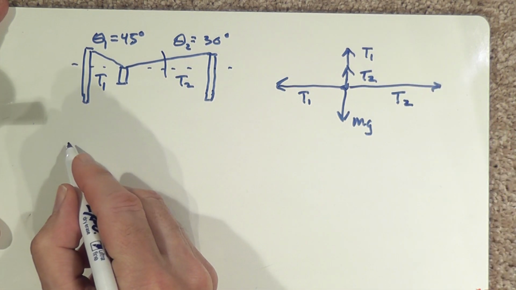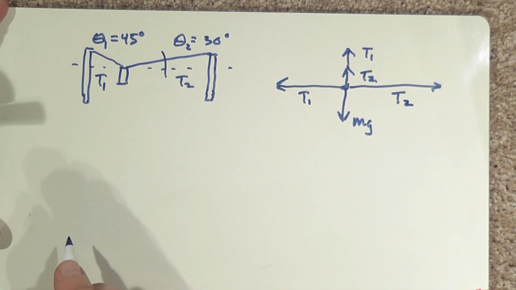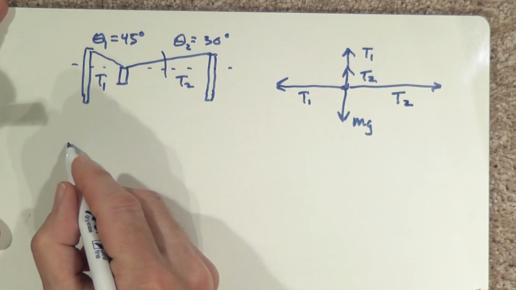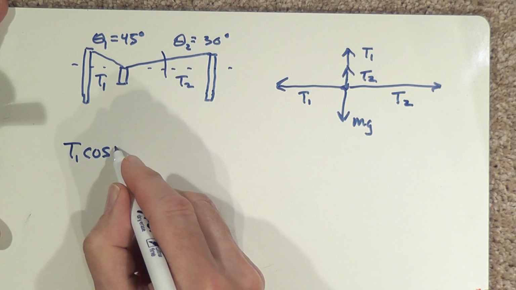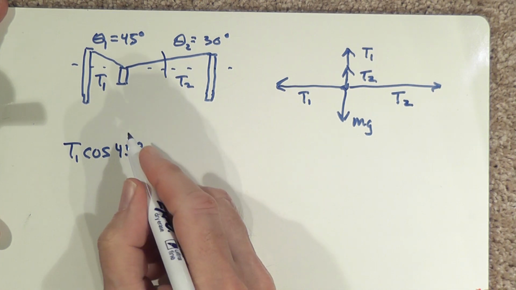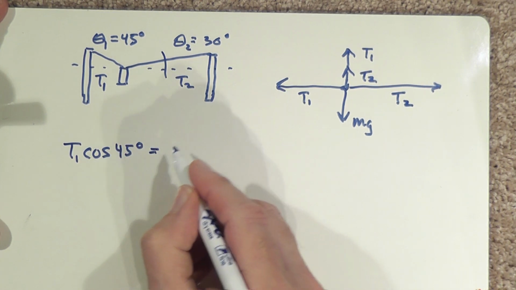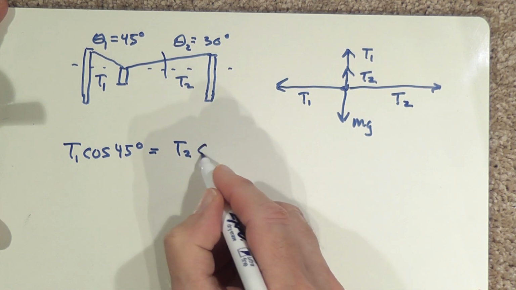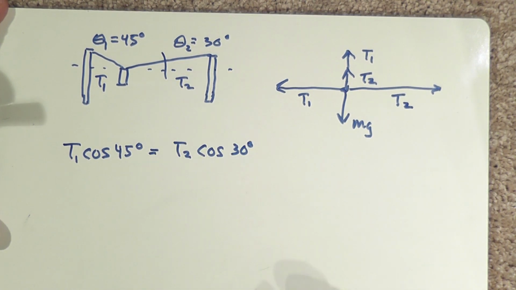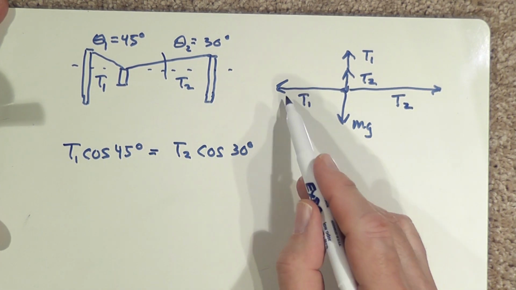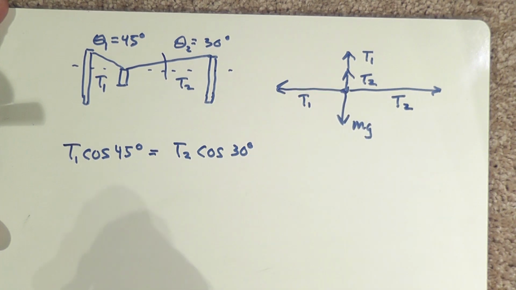What is T1? T1 cosine of 45 degrees is going to equal T2 cosine of 30 degrees. It's cosine because we're dealing with the x-axis.